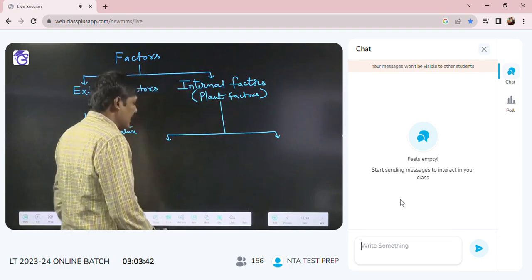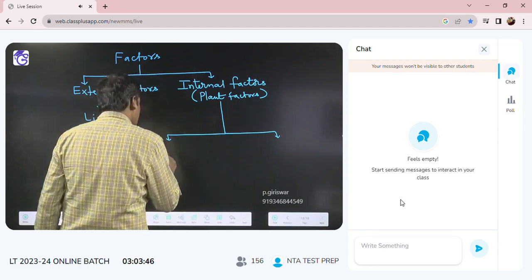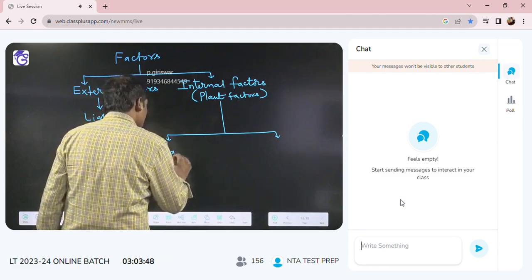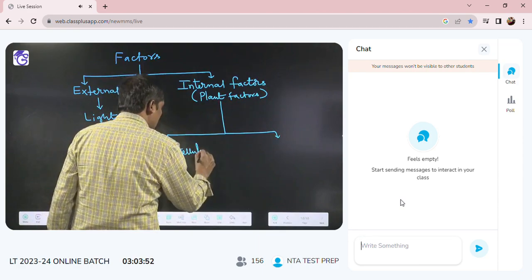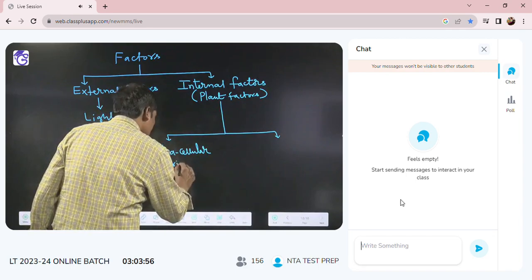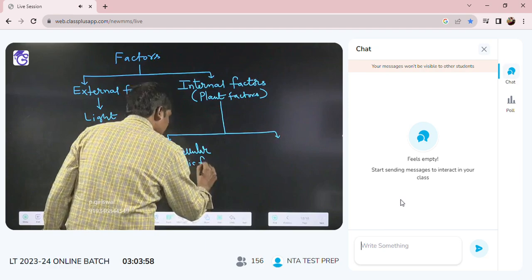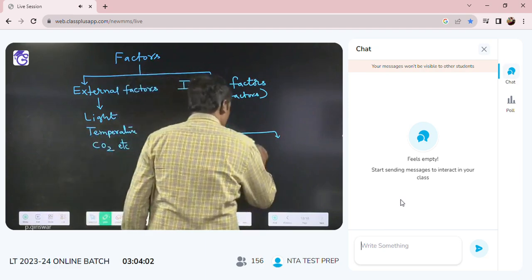Internal factors are again divided into two types: intracellular intrinsic factors and intercellular intrinsic factors.